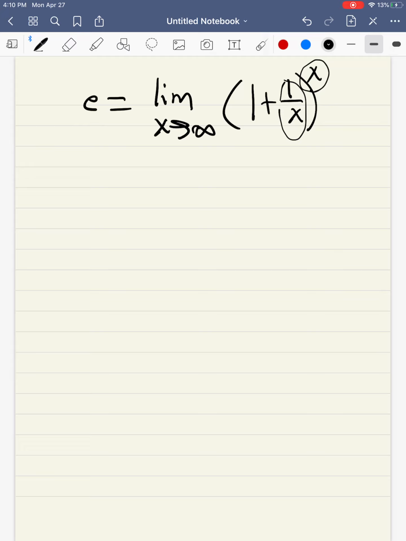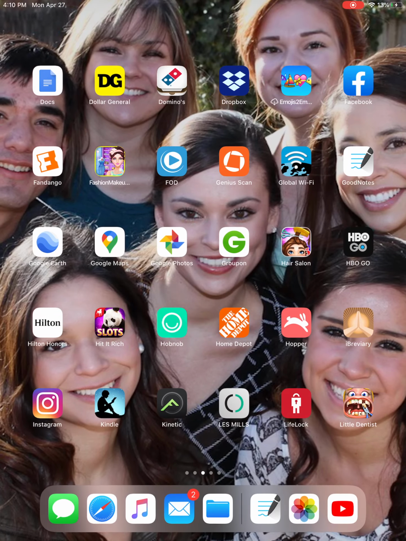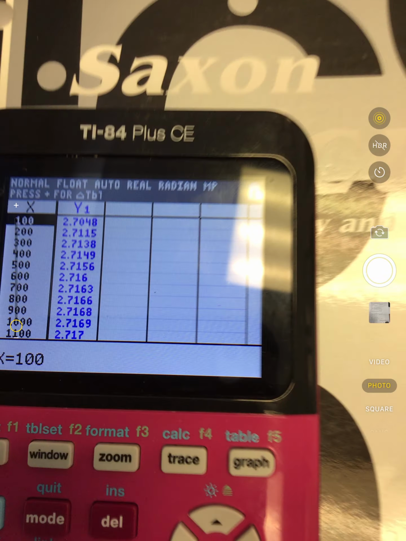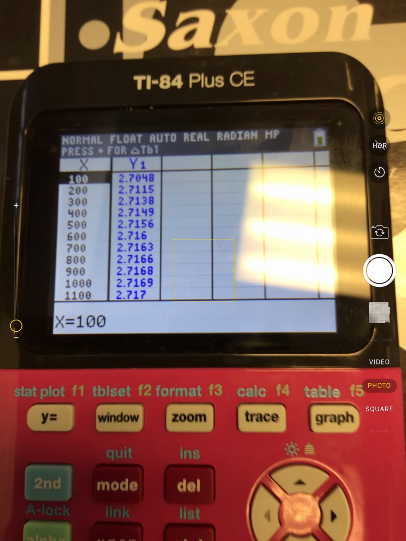And then we'll look at the table. So there's the table.